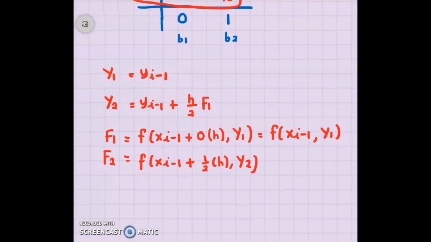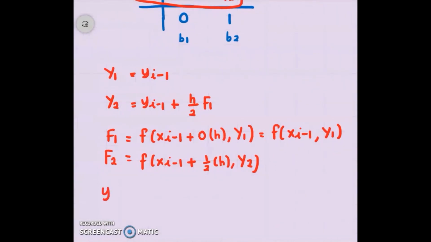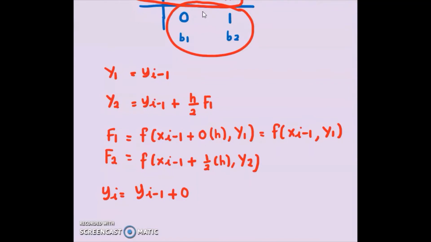I don't have much time, but let's write it for yi. They refer to these 2 values here. So I have yi minus 1 plus h of f1 for b1 and then plus 1 h for f2.